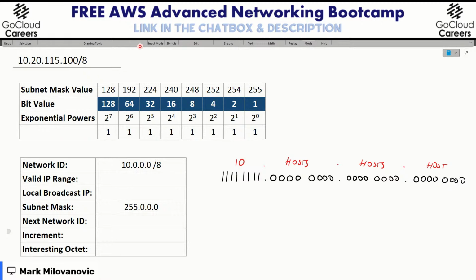So I'm going to start first with the interesting octet. That's where I'm going to start off, and I'll tell you why. I first need to know where to perform my calculation. So in this case, I'm looking to figure out what is my range.